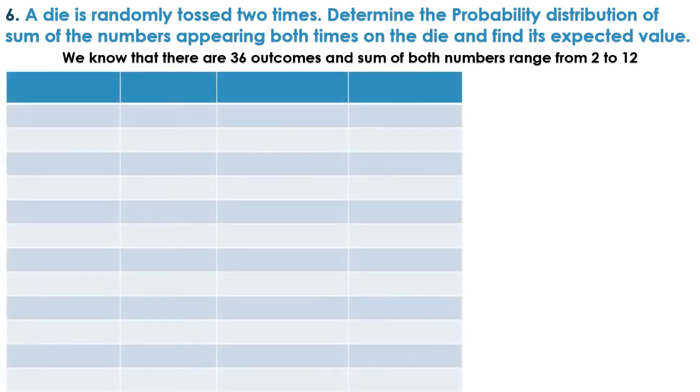In case you have not seen this tutorial, you can find it at the top of your screen. So X outcomes probability. Now X is the sum of the numbers appearing on the dice for both the times, that is 2, 3, 4, 5, 6, 7, 8, 9, 10, 11, 12 and the total values.